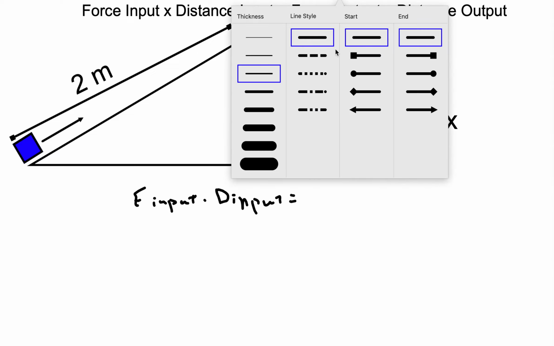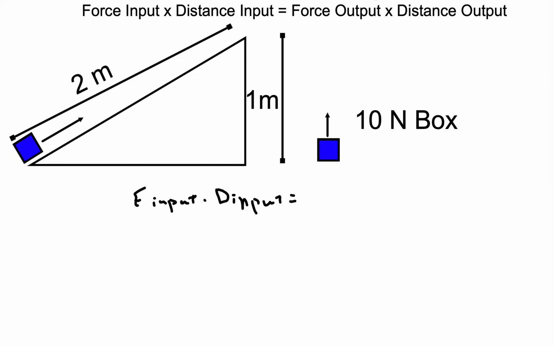I have to change my line weight to make this visible. Is equal to the force output times the distance output. All right? Now, using the machine is the input side. Not using the machine would be the output side.